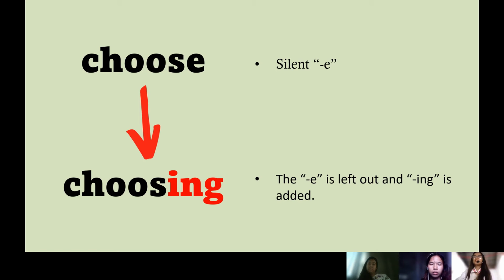So since when we are reading choose, hindi naman natin sinasabing choose eh. So it is read silently. E is silent. So when we are going to change it into a present participle or into gerund, we are going to eliminate the letter E and then we are going to add the ing.